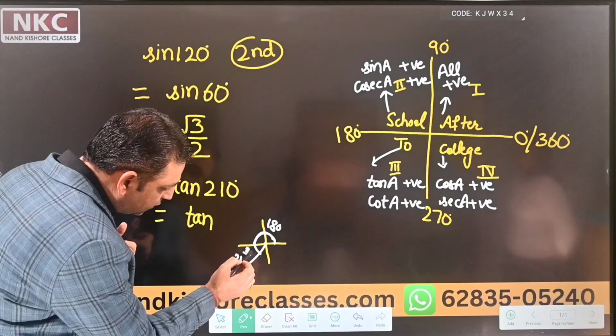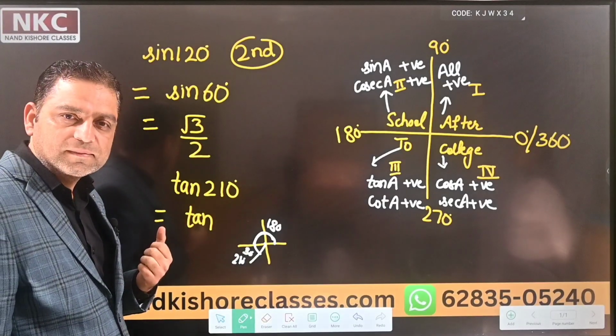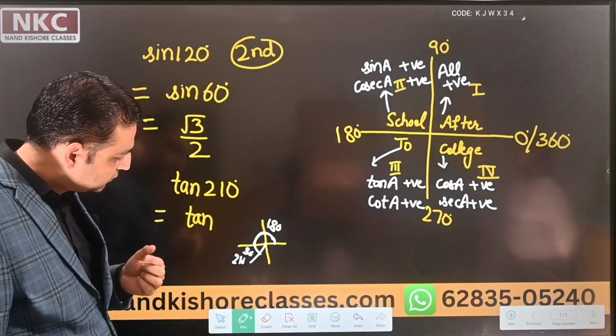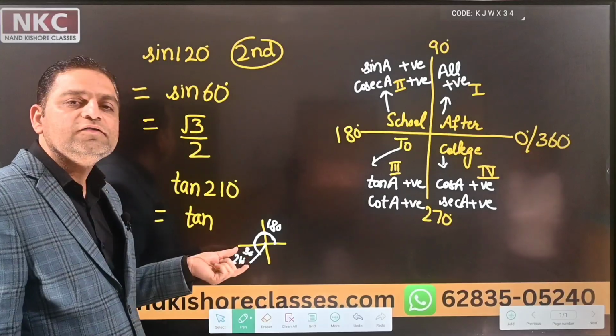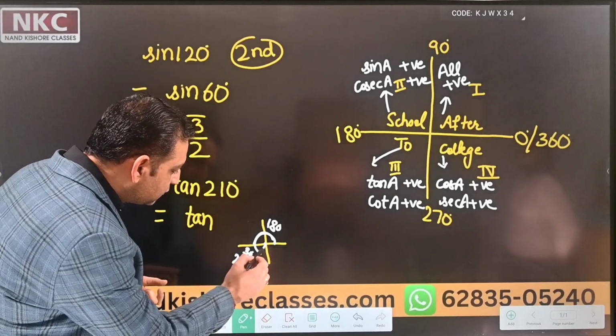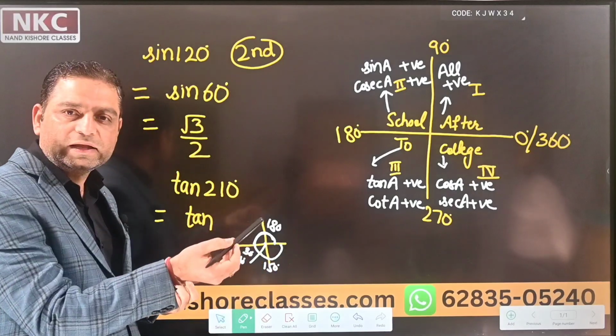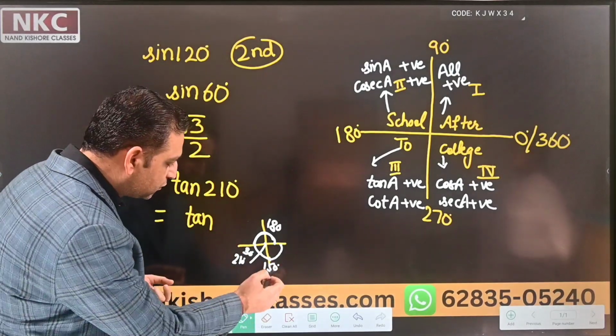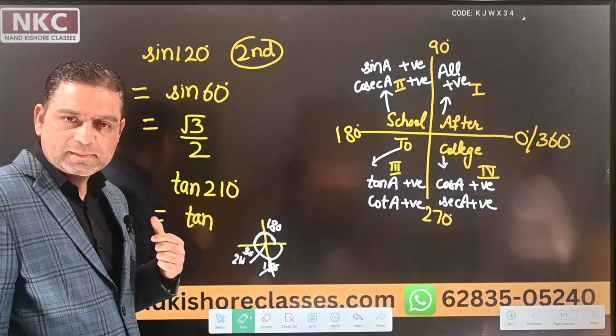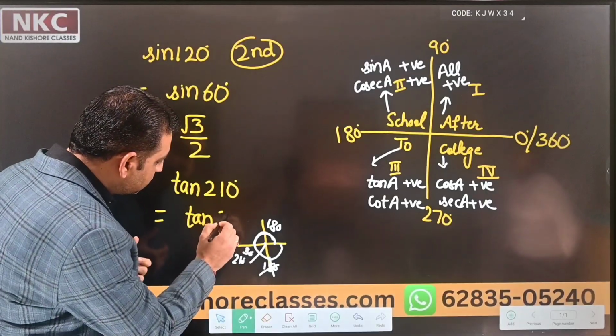Then after that 180, 30 degree more is covered, then it becomes 210. So this 30 degree is my reference angle. Because if I see this line from another side, it will make a 150 degree angle with the x-axis, which I am not going to take. I need to take the smaller one. It will be tangent 30 degree.